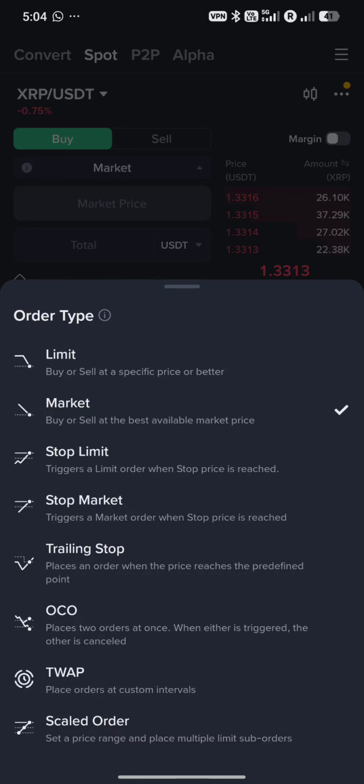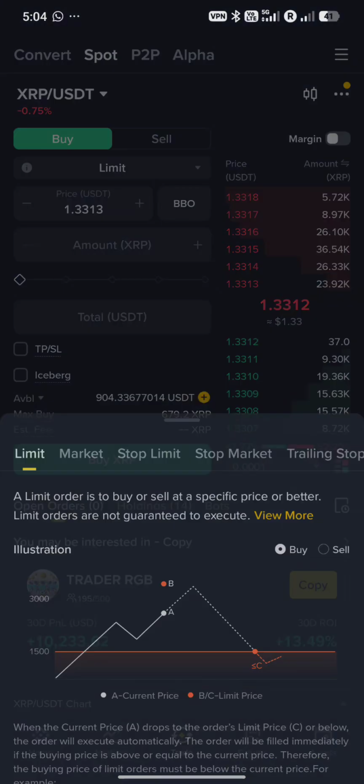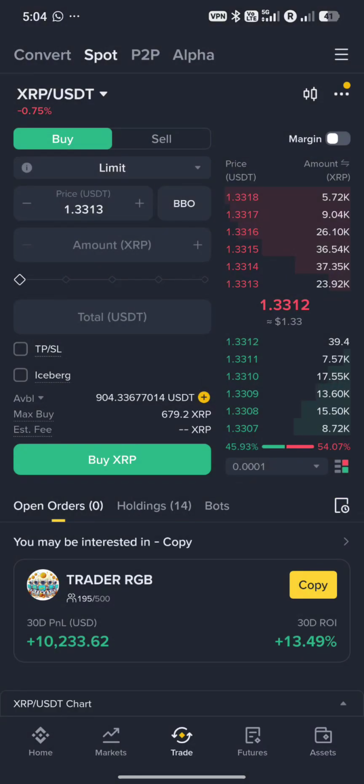Then the next one, you can use limit. The limit is basically setting a particular price. Currently the price of XRP is at 1.33. Then I can set it that, okay, if the price of XRP should reach maybe 1.4 or 1.2, take me out or take my profit, depending on the price you put.